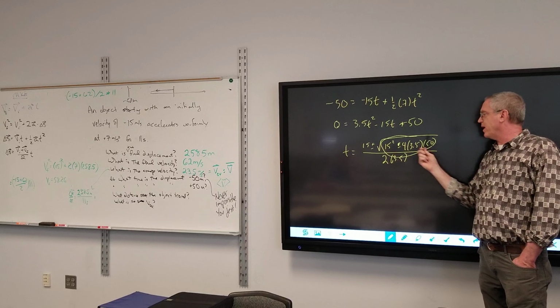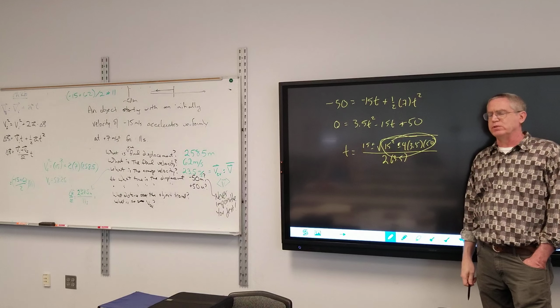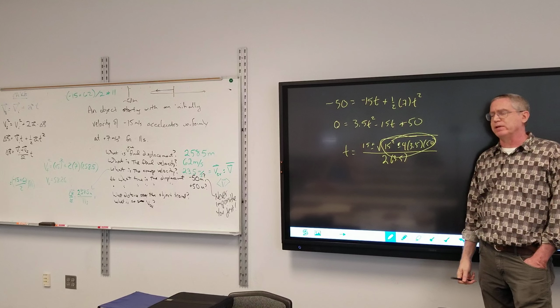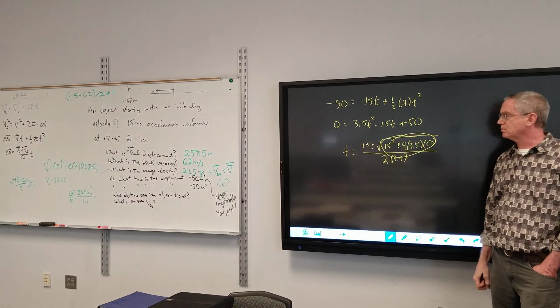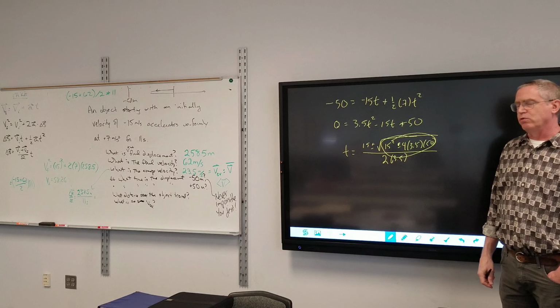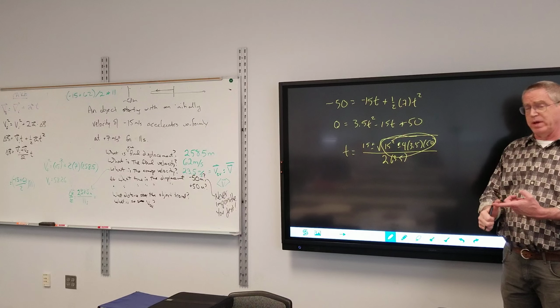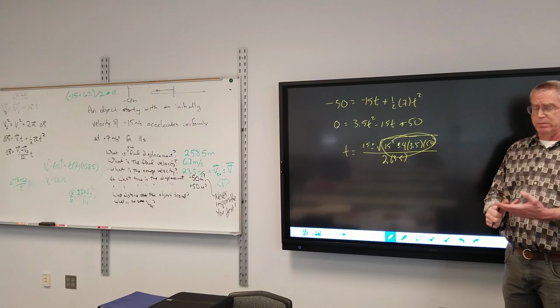What we have under the radical here should also be negative. So we're still going to end up with an imaginary or complex answer. So when you run into that, either you made a mistake or the problem's impossible.